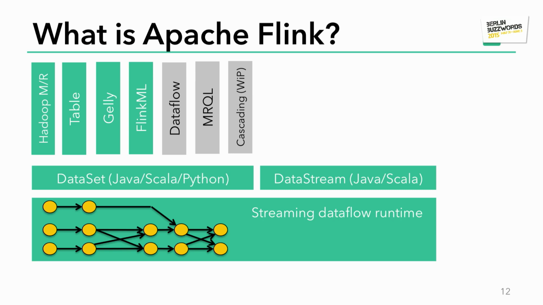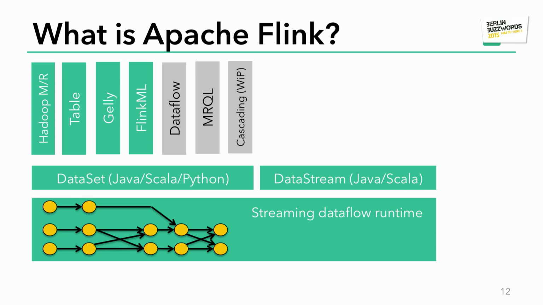Then we have a library for graph processing, which is called Gelly. Then recently we started working on the machine learning library, where I currently spend most of my time. And we added what we call a table API, which is a really nice SQL-like declarative programming interface.